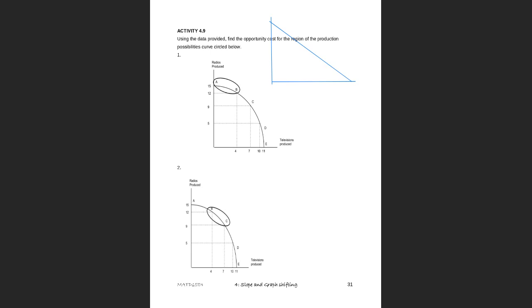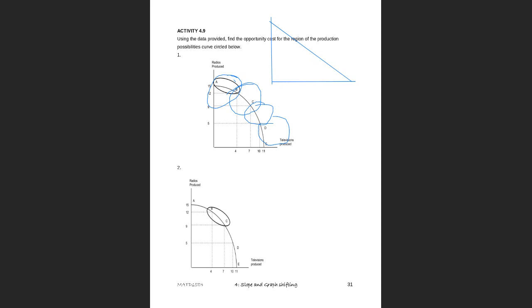That is, the opportunity cost from A to B will not be the same as the opportunity cost from B to C, will not be the same as from C to D, will not be the same as from D to E. Am I making sense to you? Yes, sir. Okay, good.